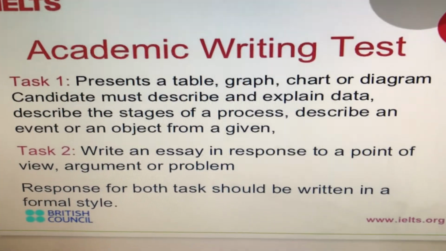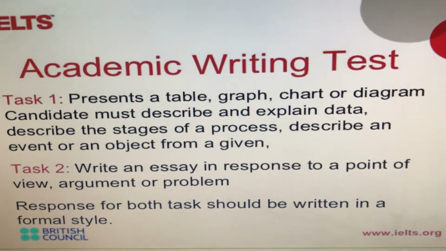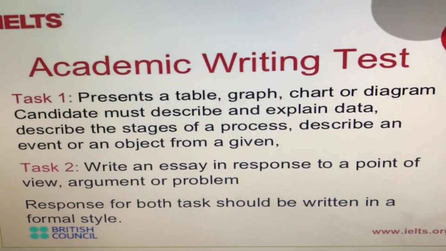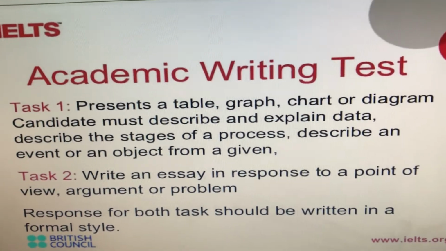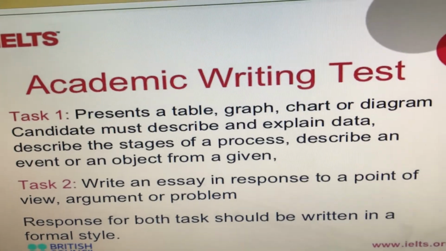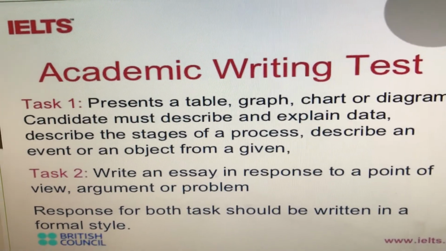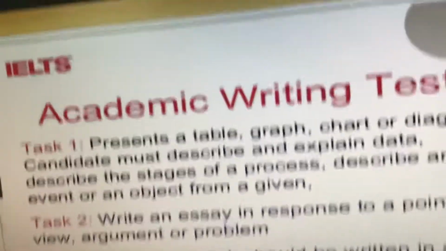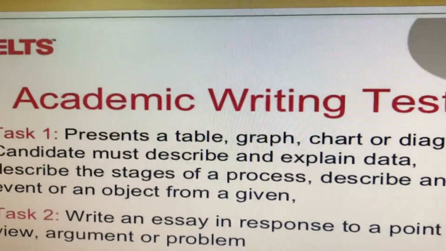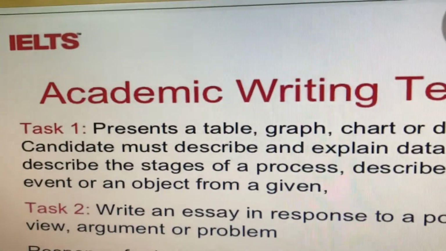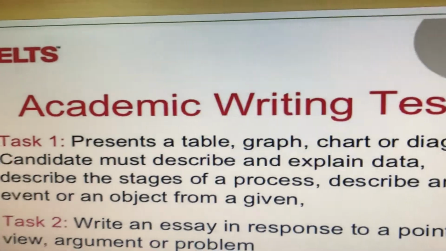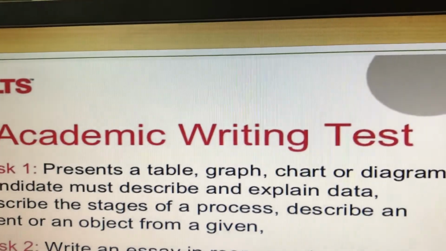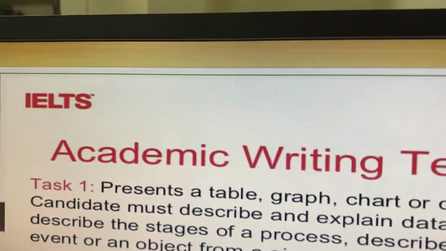The candidate must describe that particular thing and explain the data, describe the stages of a process, and describe an event or an object from a given thing. Clear? In task 1 of academic writing, you will have a table or a graph or a chart or diagram. That thing you will describe.